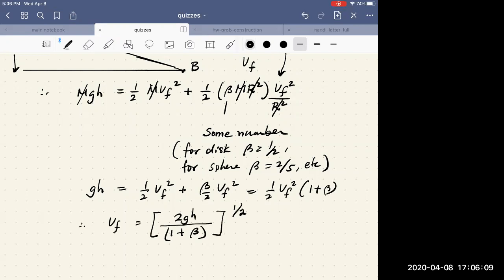In one of the bonus quiz problems, I asked you if I took an aluminum cylinder and a lead cylinder of exact same dimensions, whether they would reach at the same time. It turns out that the mass wouldn't matter. So the final velocity would actually be the same, which would mean that they would indeed reach at the same time. However, some of you answered it will not reach at the same time, and some of you answered it will.